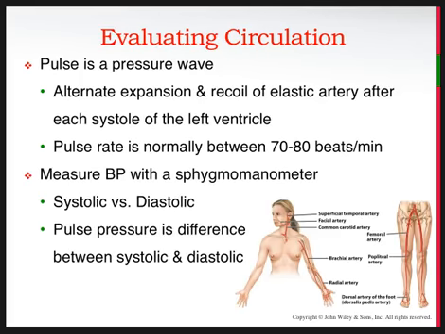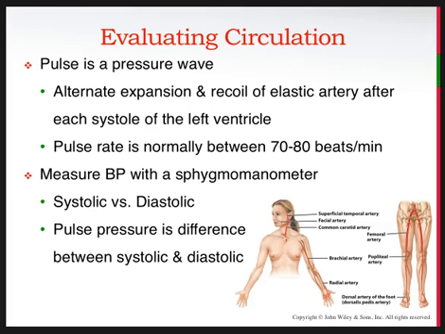So let's talk about how we clinically evaluate circulation. Remember, we talked about not being able to easily measure blood flow, right? So we were going to measure pressure instead. But before we jump into that, I want us to talk about pulse as a pressure wave. Pulse happens as the result of a pressure wave.